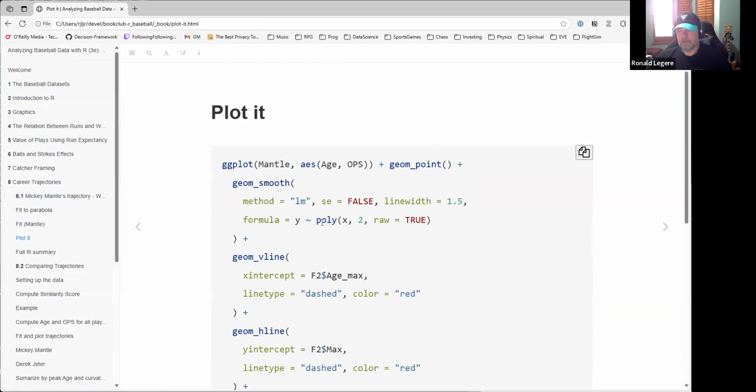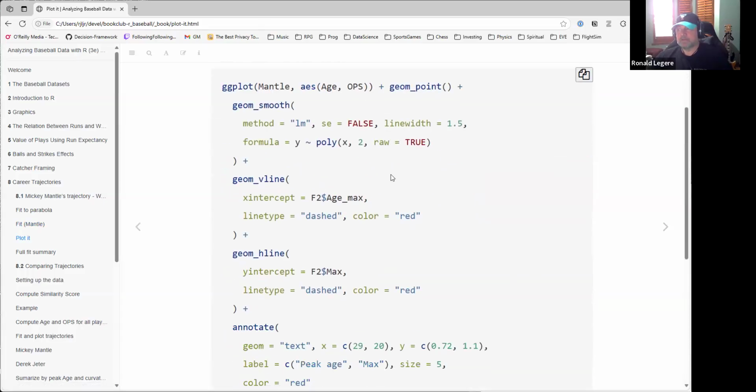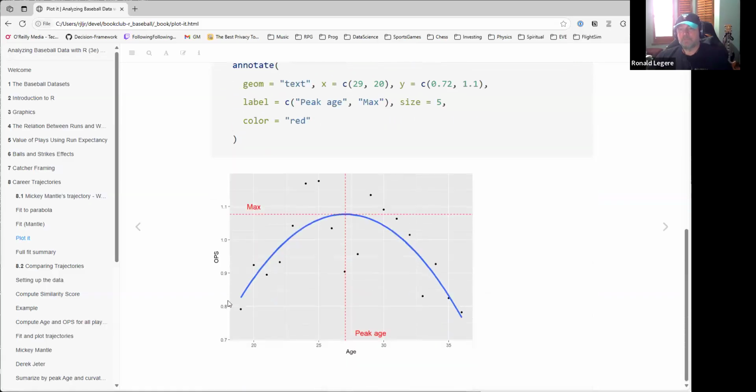This is another way to write the polynomial fit. In this case it actually will use, I think, orthogonal polynomials, which doesn't really matter. It just has a second degree polynomial. You could have used this in our lm as well, but then we would have had trouble pulling out the coefficients, because I think they use orthogonal polynomials for this. So there it is, the same line. Here's how it fits through the dotted points. Beautiful. We love that. Okay, moving on.